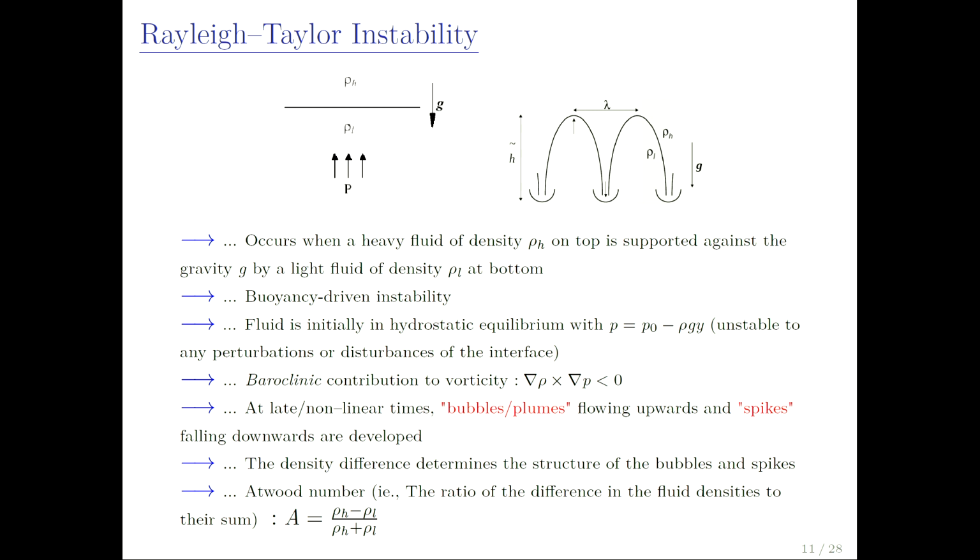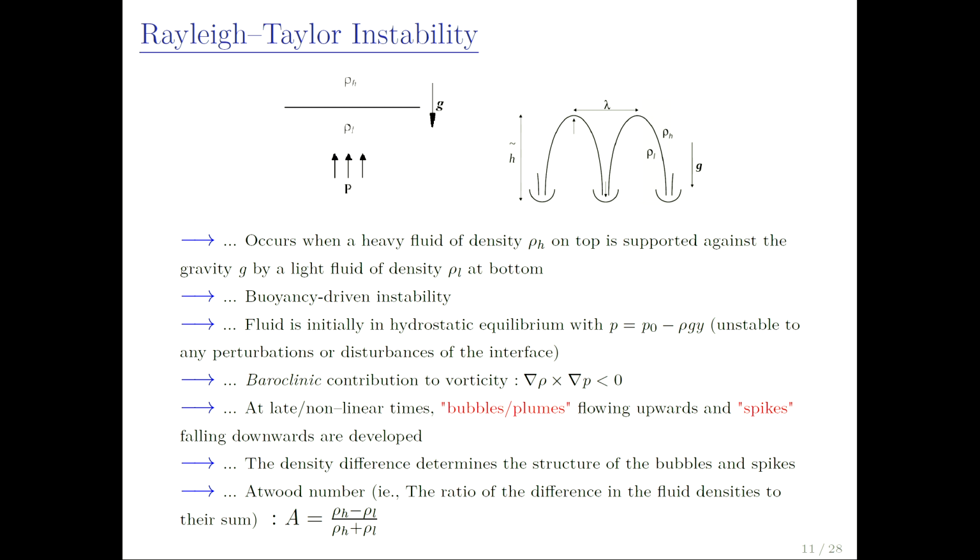But when it's subject to perturbations, the equilibrium is lost, and with the help of baroclinic vorticity contribution, the flow evolves into a fully non-linear region, a state of turbulence.